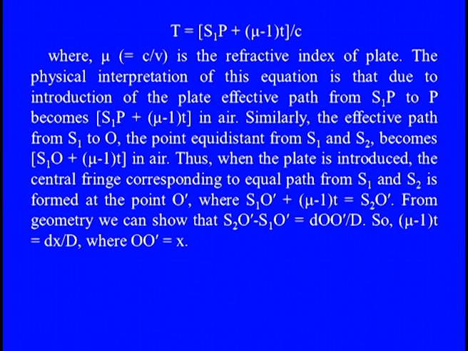From the geometry, we can show that S2O prime minus S1O prime equals d into O prime divided by capital D. So, (mu minus 1) t will be equal to d x divided by capital D, where OO prime equals x.